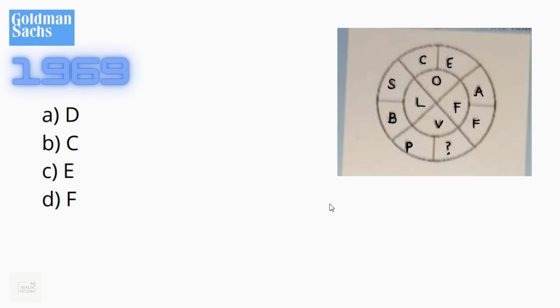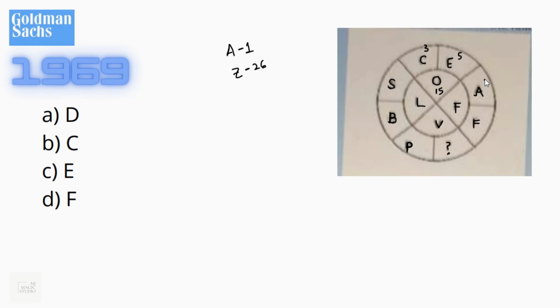Again, two circles and a few alphabets, and we know the drill, and the best possible drill is just to assign mathematical numbers to them. Positional numbers, like A is 1 and Z would be 26, and then let us try to identify if we can get some order out of it. C is 3, E is 5, 3 into 5 is 15, and O is 15. Bingo, it is fitting in.